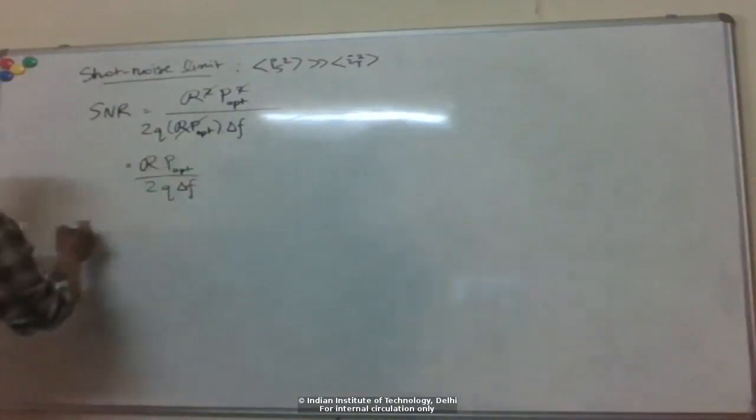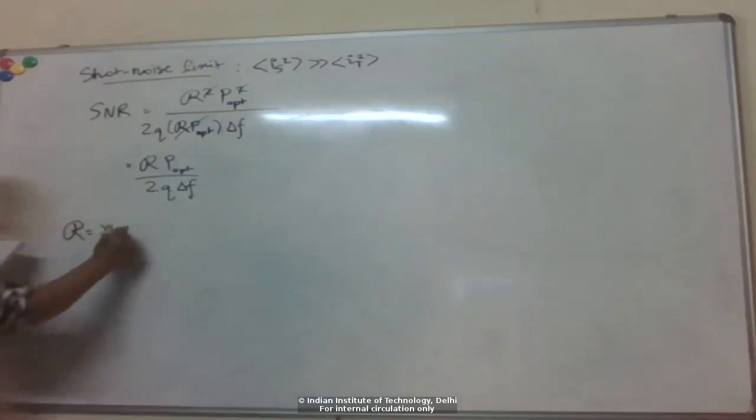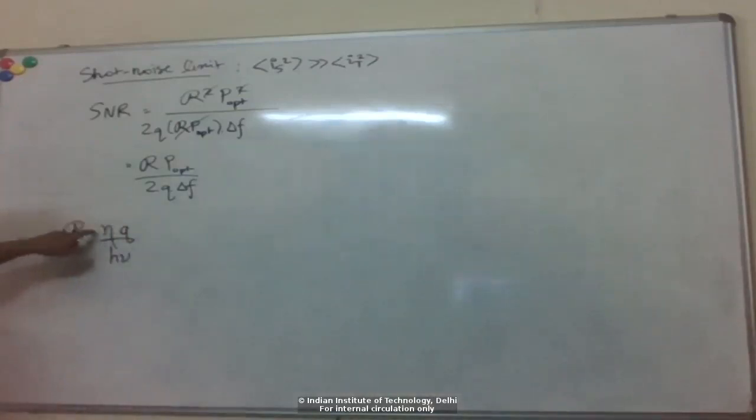And you know that we have this expression for the responsivity in terms of the quantum efficiency of the photodetector, where h nu is the photon energy and q is the electronic charge.